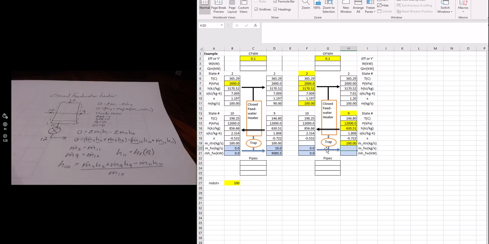And then this flow here equals whatever was here, plus whatever's coming out of here. And what's coming out of here is what came through here, so that's this times this.